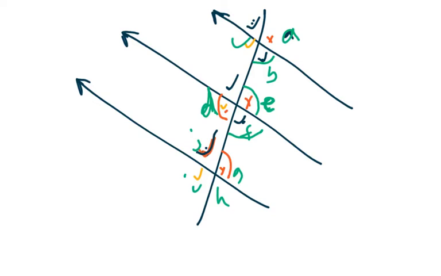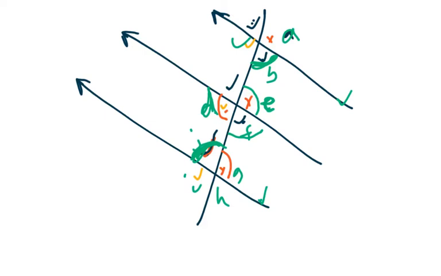Now, there is angle J and there is angle B. Either we can just take note of these two parallel lines and say angle J is alternate to angle B. Or we can say angle B corresponds to angle F, and angle F is alternate to angle J. That is also true.